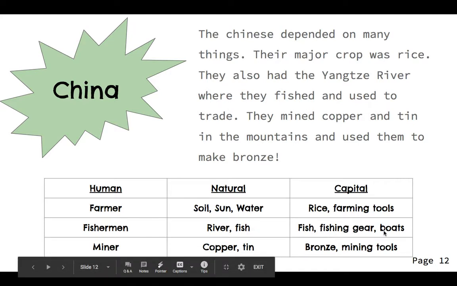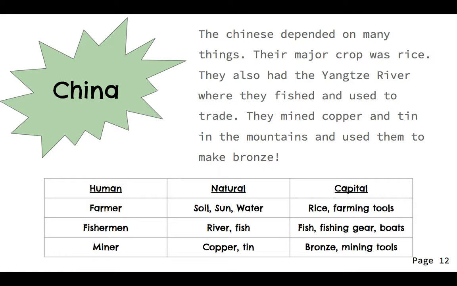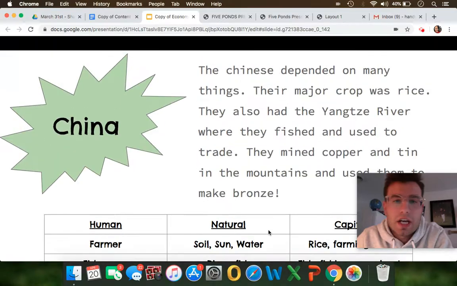Also, they'd need fishing gear and boats. And you can see a miner would be taking copper and tin out of nature, and they'd be using those to make bronze, which is a capital resource, the thing that they're selling or trading, and they would be using tools to mine. So you can jot down one example of each in your China box right here.